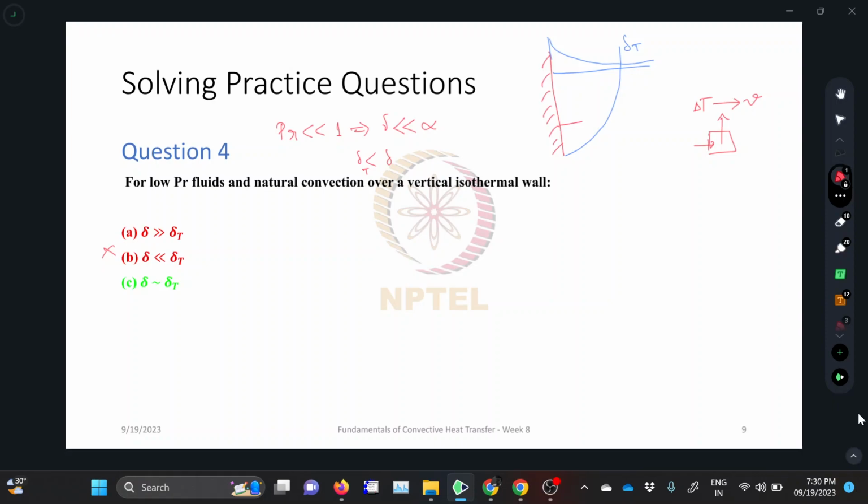If I now draw the velocity profile, it would be something like this, right? Every part of it inside would experience some upward buoyant force causing it to move. So there won't really be a difference in delta T and delta. They would be comparable.